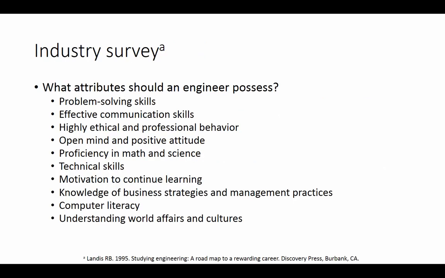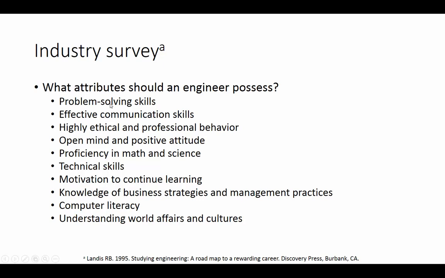So a while back, there was a survey done among leaders in industry where the question was asked. This is, again, another maybe deceptively simple question. What attributes should an engineer possess? And the following bulleted list here is what they came up with.